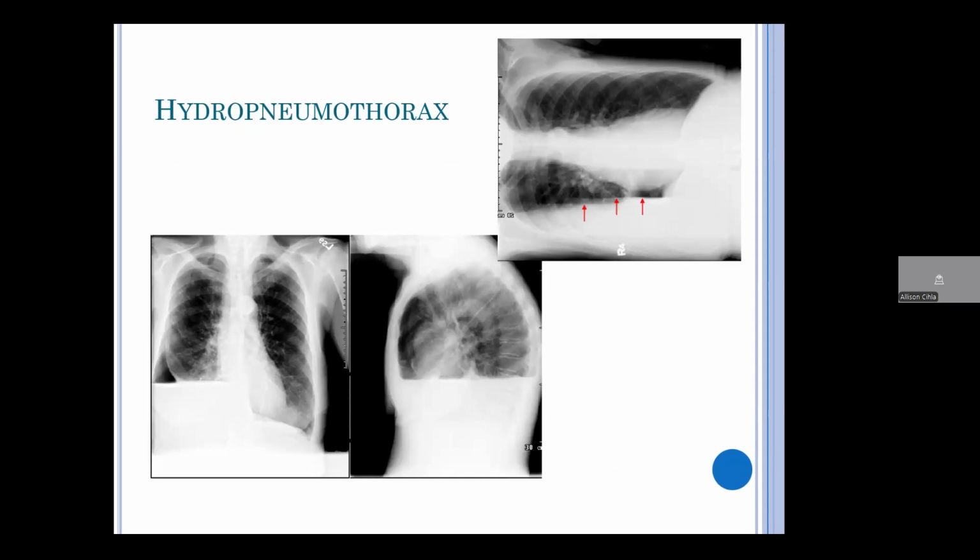A hydropneumothorax is when you have water and air in the lung space where it's not supposed to be. You can see from these images that this air and this water layer out. This is an upright film. You can see the fluid.